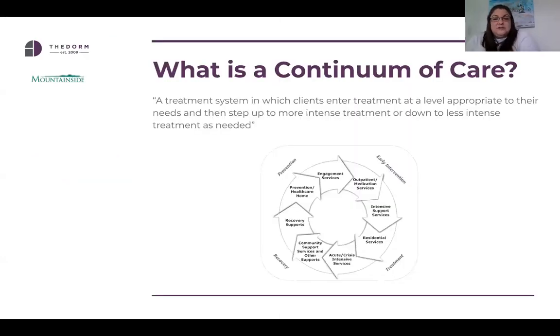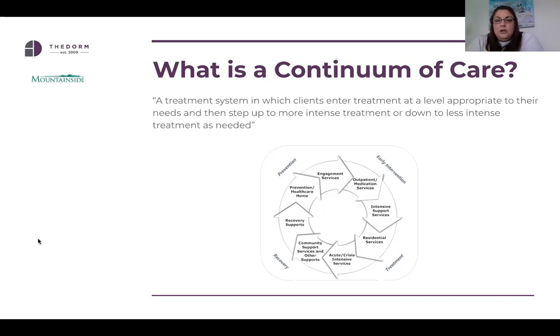First and foremost, in order to talk about continuum of care, we need to know what it is. SAMHSA defines it pretty simply by saying it's a treatment system in which clients enter treatment at a level appropriate to their needs and then step up to more intense treatment or down to less intense treatment as needed. ASAM, the American Society of Addiction Medicine, are the ones that define continuum of care and what the levels are. They define it on a pretty linear process.